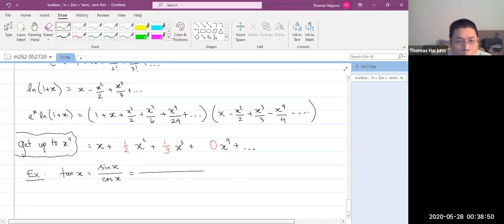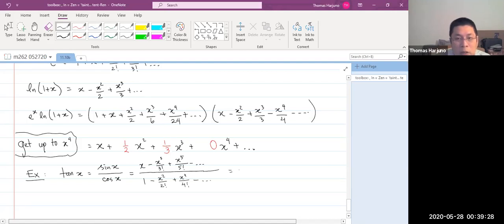Sine is an odd function, so it should not start from 1, it should start from x. So this is x minus x cubed over 3 factorial plus x to the 5th over 5 factorial and on. I just do 3 terms on the top, and 3 terms at the bottom: 1 minus x squared over 2 factorial plus x to the 4th over 4 factorial and on.